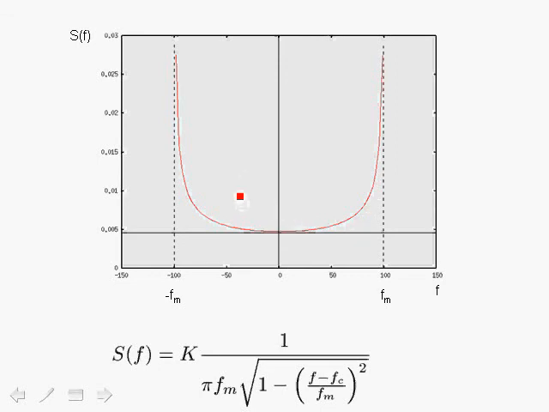The derivation of the Doppler power spectral density is very important in terms of understanding the effects of Doppler on the signal.